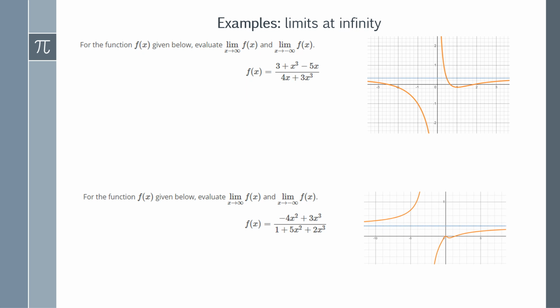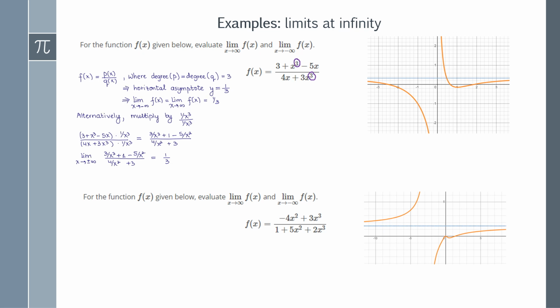I like doing that, so I always confirm graphically that my answers are correct. So what's going on here? The degree of the function in the numerator is 3, and the degree of the function in the denominator is also 3. Okay, so this is the case where the degrees of two polynomials are the same.